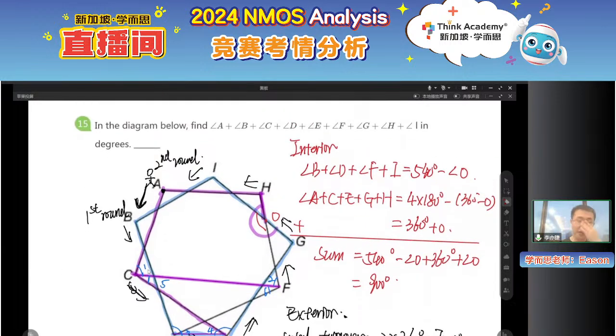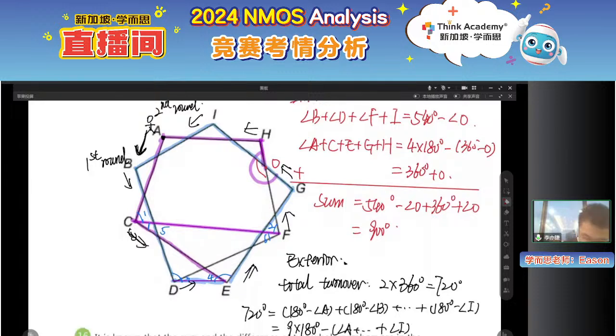But anyway, there is a formula to calculate all the shapes like this. Actually, if I'm doing this, I don't use any of these methods. I have a very fast way to just determine that. My method, I just wrote here: 9 times 180 divided by 2 times 360 degrees.